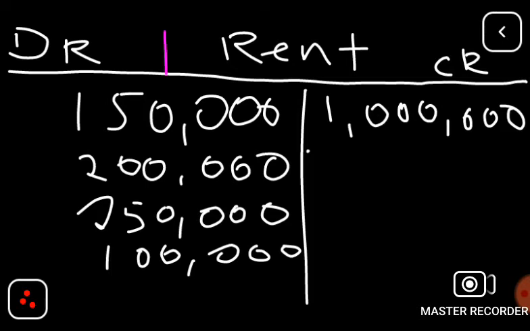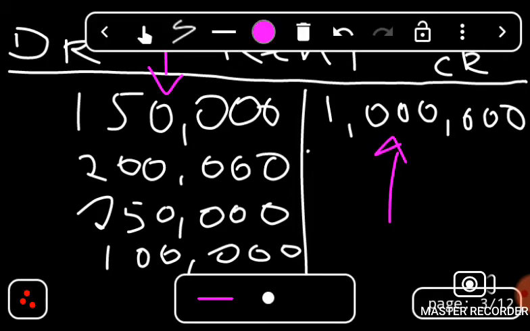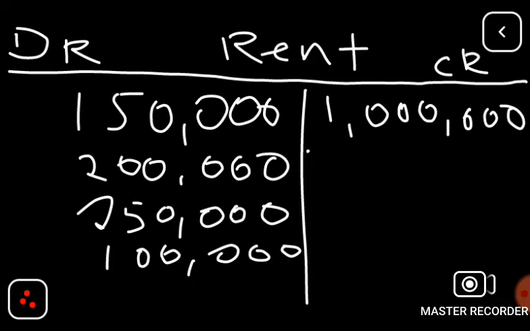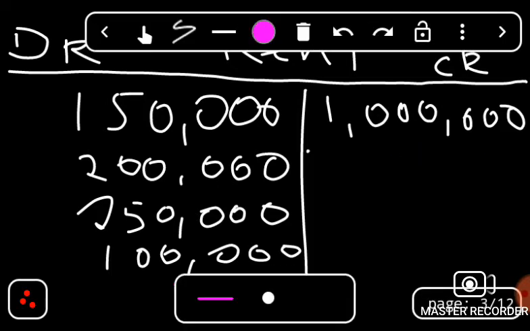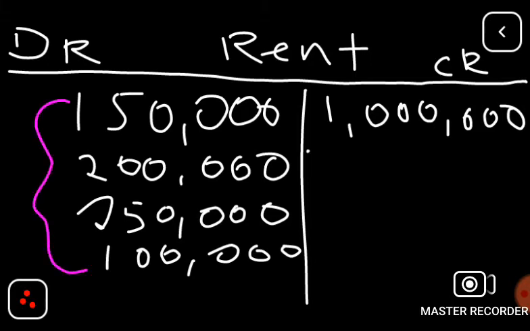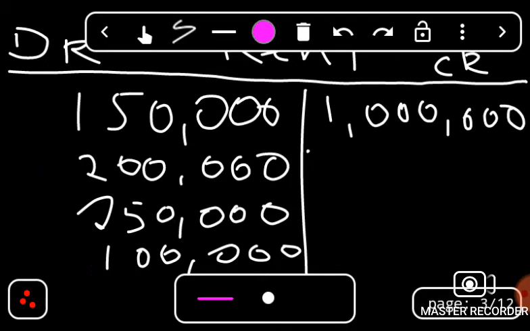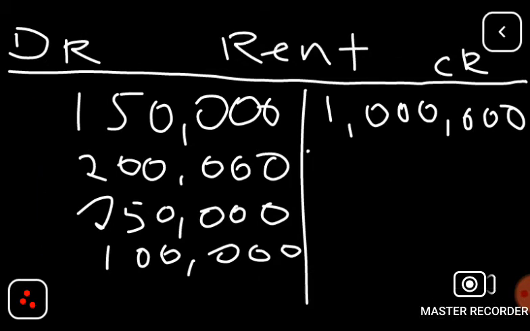meaning that this side is less than the 1 million side. What does this imply? I have to create an amount here, the difference between the two sides, that will make these amounts equal. What is this value? It is 300,000.